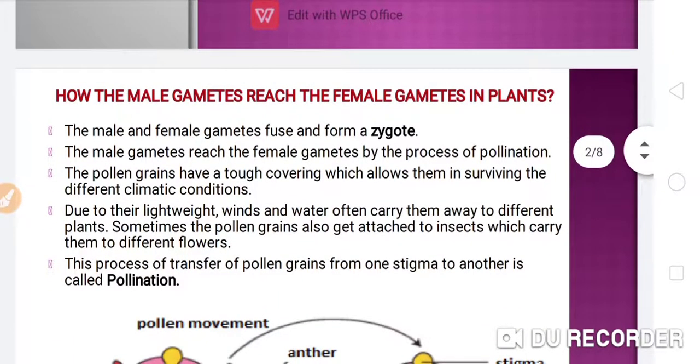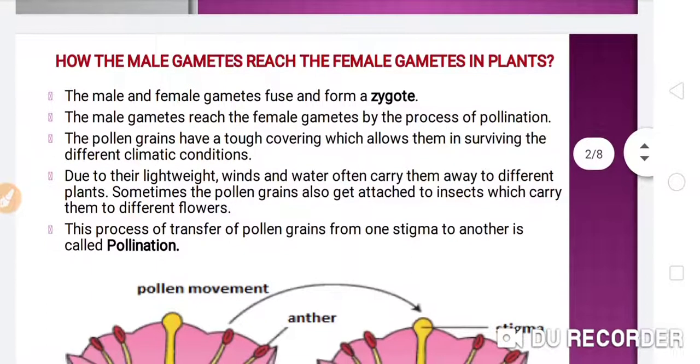The question is, how do the male gametes reach the female gametes in plants? The male and female gametes fuse and form a zygote. The male gametes reach the female gametes by the process of pollination. Pollen grains have a tough covering which allows them to survive different climatic conditions.